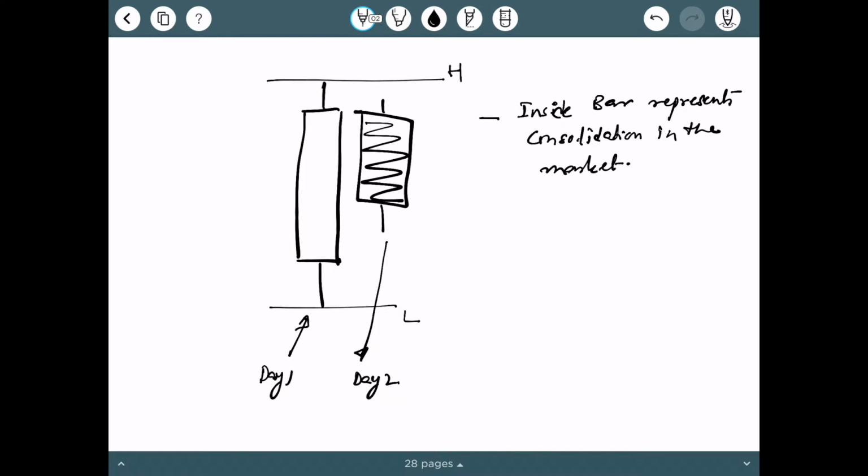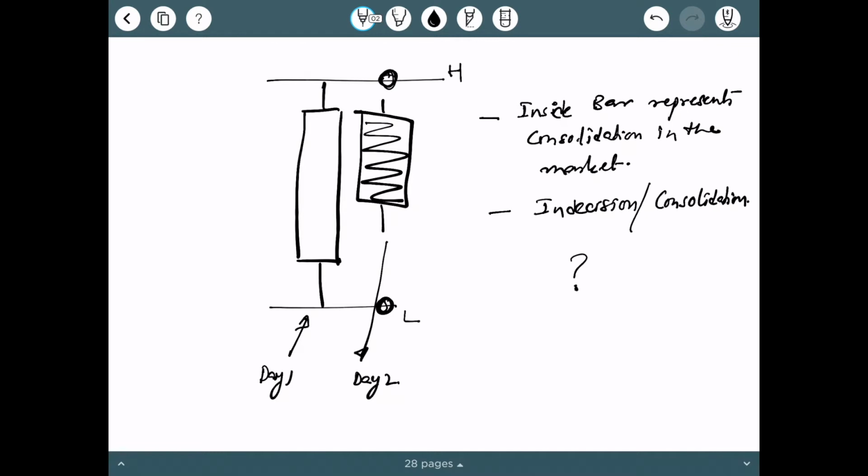That means the buyers don't want to go beyond this and the sellers don't want to go beyond this. So there is an indecision or some kind of consolidation, as I've told earlier.